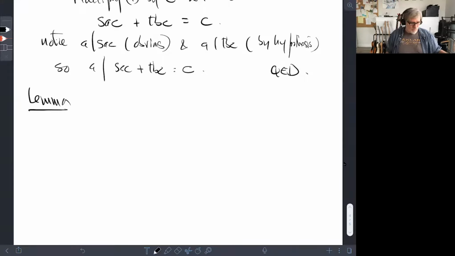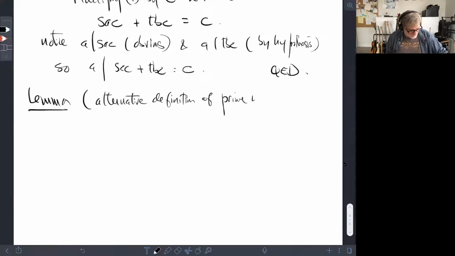Okay, so let me write it here: alternative definition of prime number. So it's a different looking property, but it turns out that it defines exactly the prime numbers.